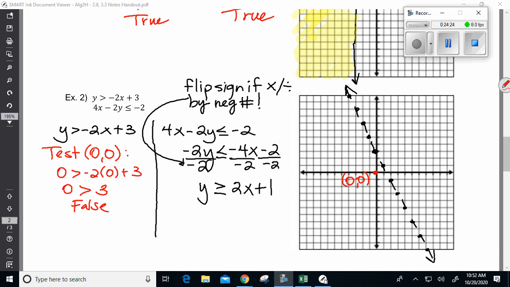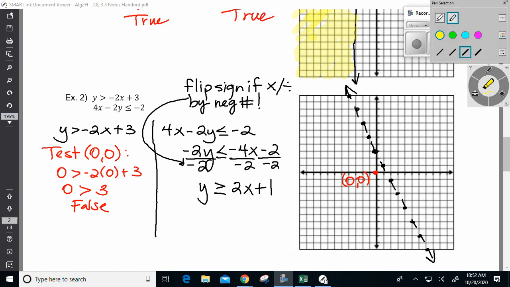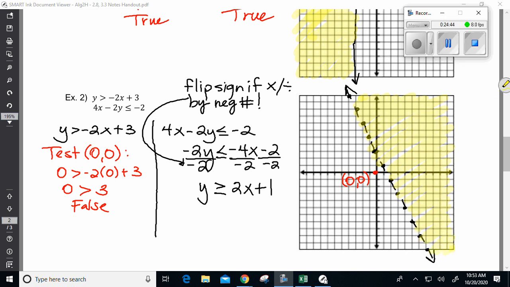Since 0, 0 doesn't work, nothing down there is going to work for this line, which means I have to shade above. If it's false, I can't shade it.